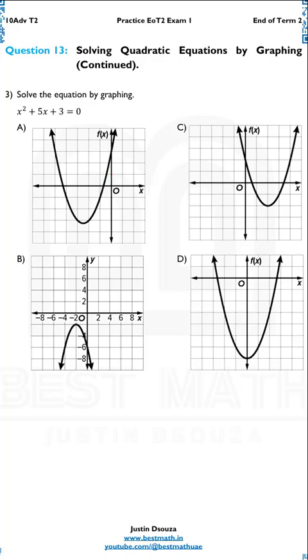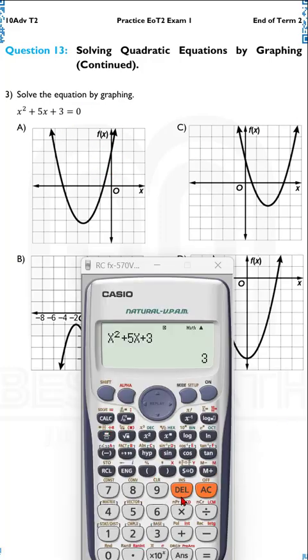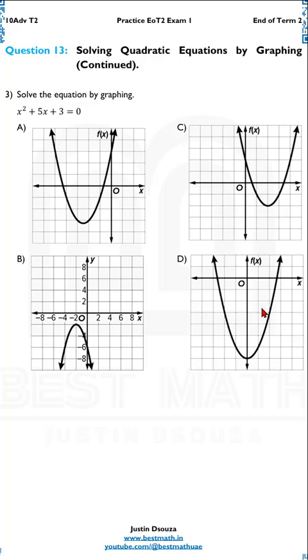We can even choose another point. Let me take minus 1. It should be minus 1 itself. Minus 1 here gives me a small number, sorry.